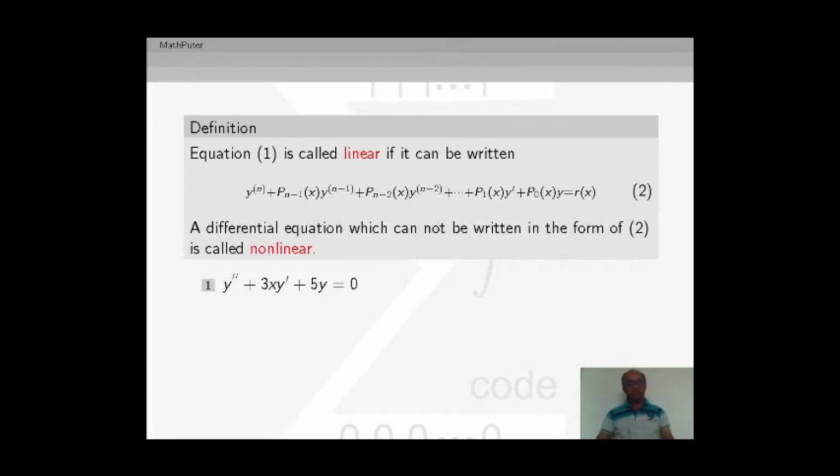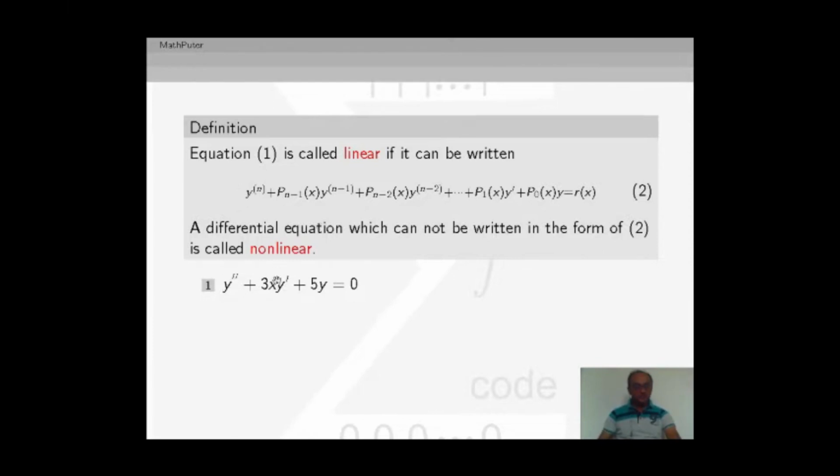We have a particular example here. y double dash plus 3xy dash plus 5y equal to 0. Let us compare with equation 2. Is this equation in the form of equation 2 or not? The coefficient of y double dash is 1, and the highest order is 2 here.